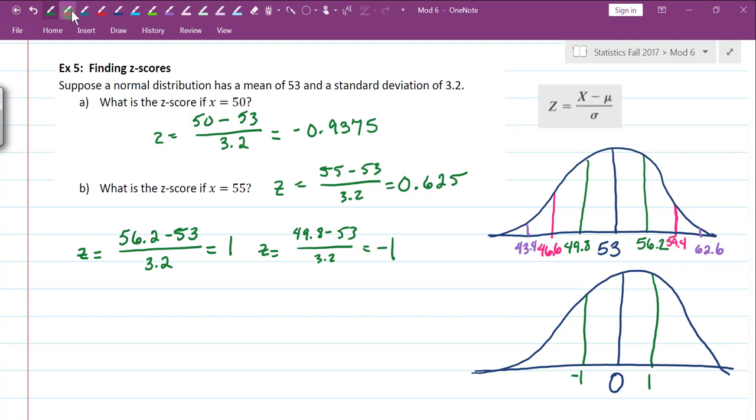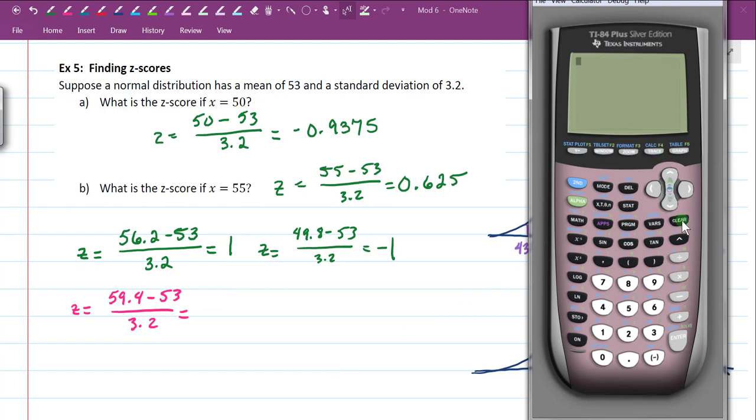Let's look at our 2 standard deviations. So what is z when x is equal to 59.4? Well, that would be 59.4 minus 53 divided by 3.2. Grab our calculator. Parentheses 59.4 minus 53 parentheses divided by 3.2, positive 2.